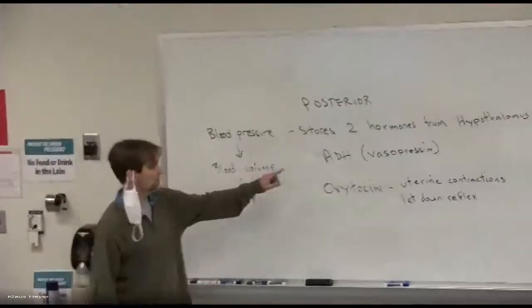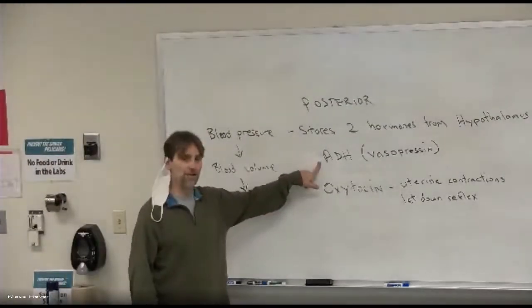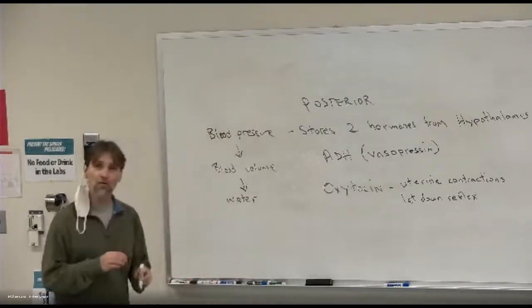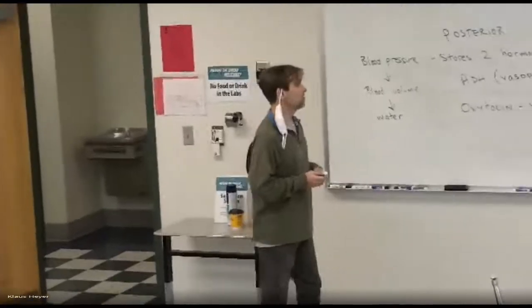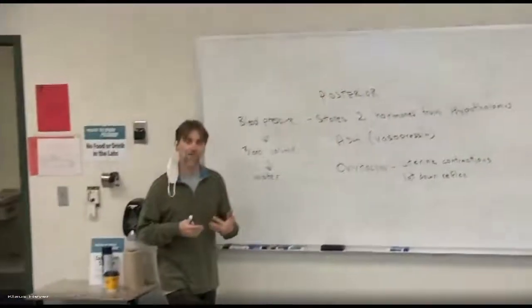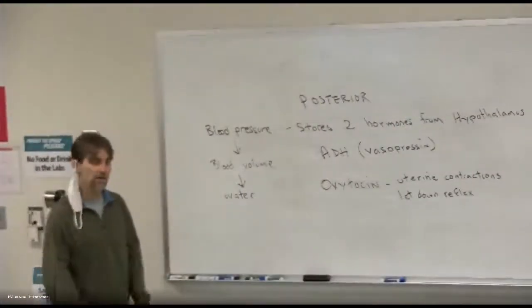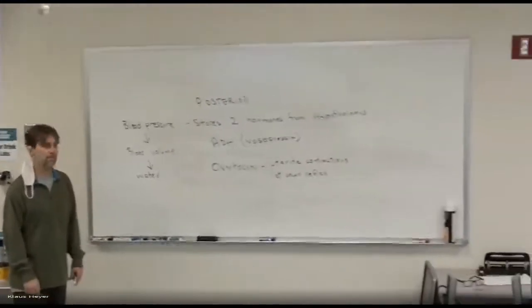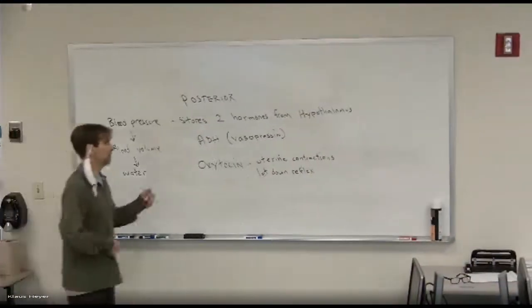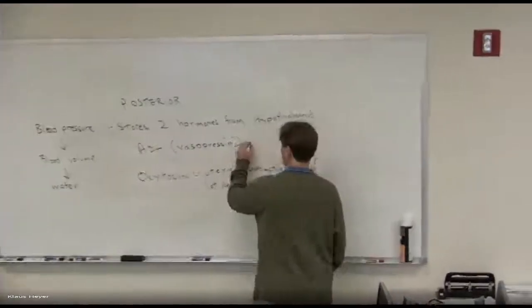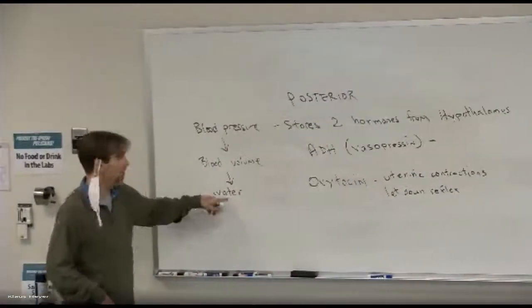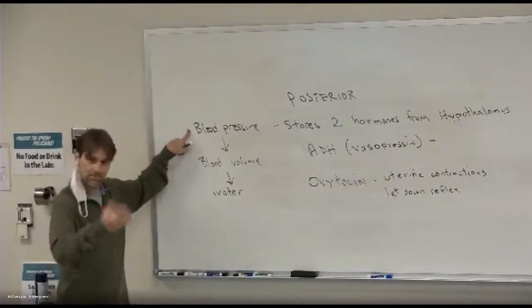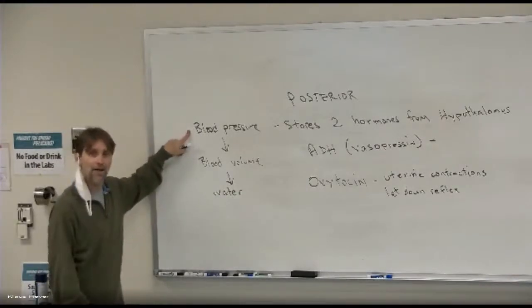So, how do we get blood pressure up? The first way is to stop losing water. The best way we have immediately to stop losing water is to stop peeing. So that's what it does. Oh, and so you would think, well, if I keep drinking bottles of water, isn't my blood pressure going to go way up too high?